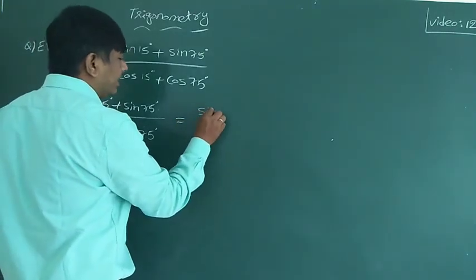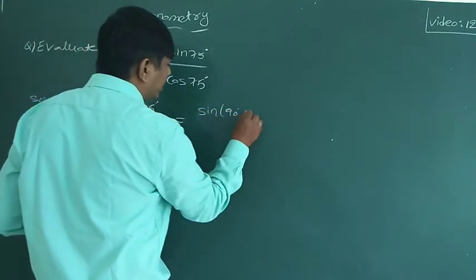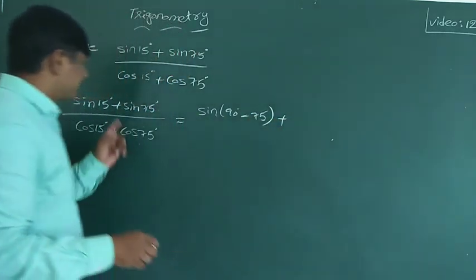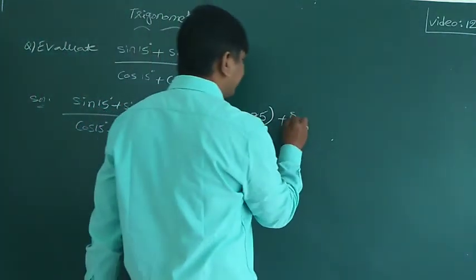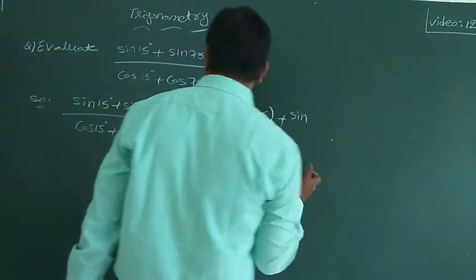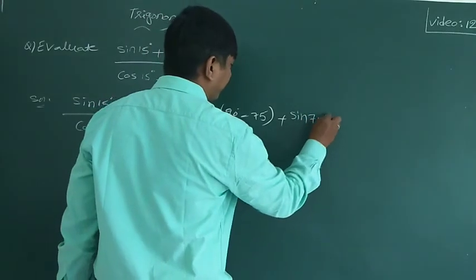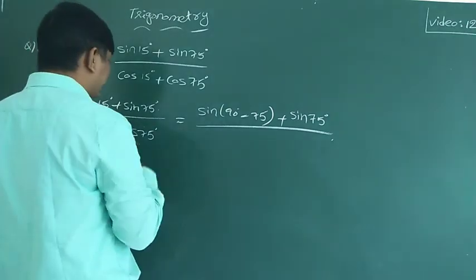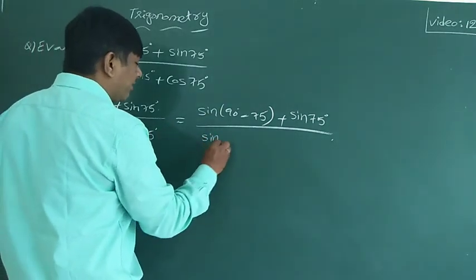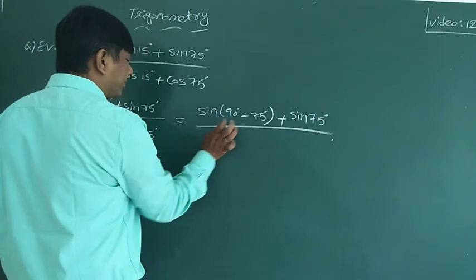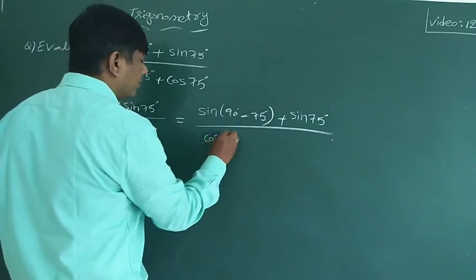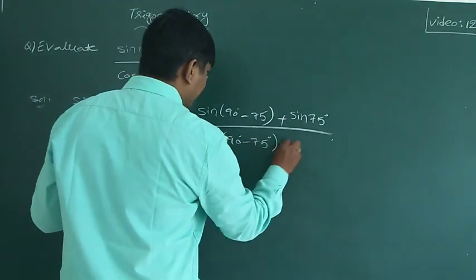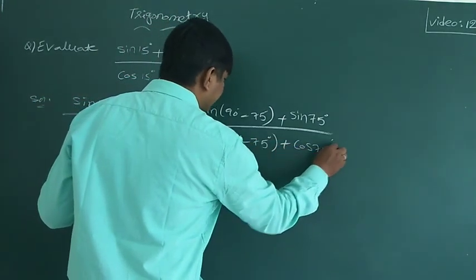This I write as sin of (90 degrees minus 75 degrees), sir. Plus sin 75 degrees as it is again. In the denominator also I am going to convert now: cos of (90 degrees minus 75 degrees) plus cos 75 degrees.